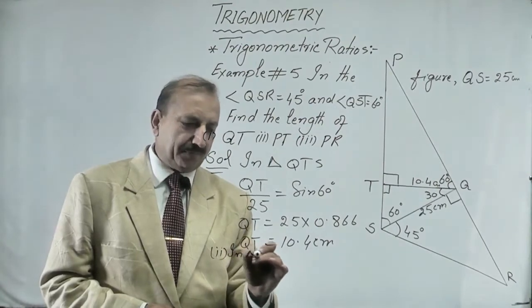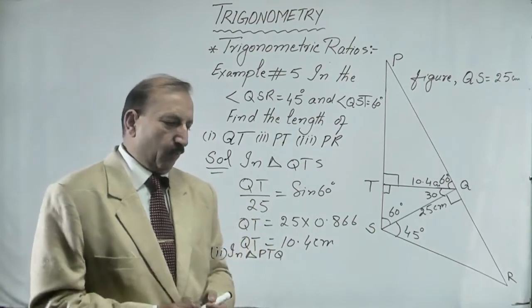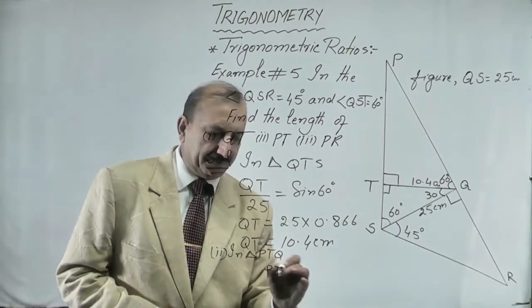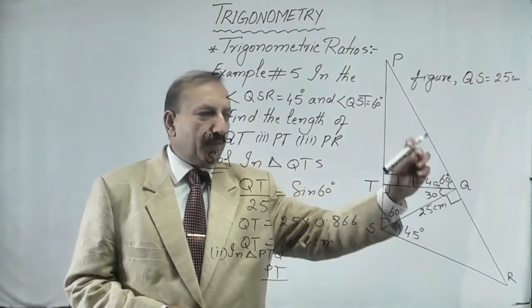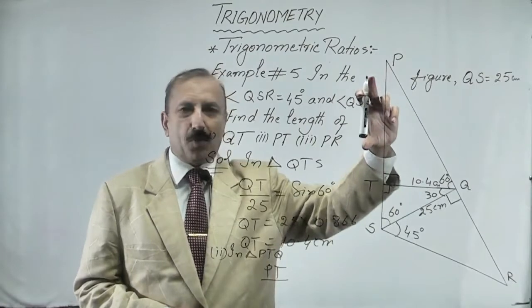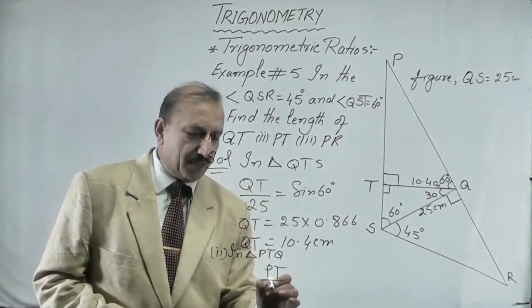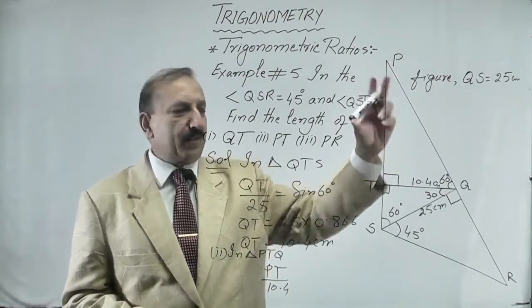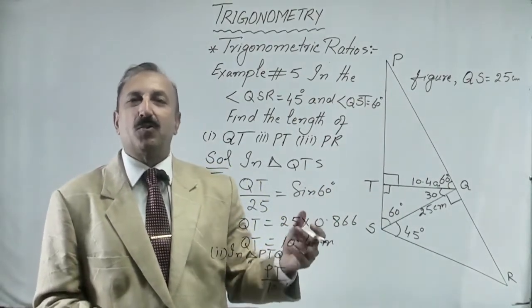In triangle PTQ, we are going to find PT here. This is PT over PT. According to this angle, this is opposite and this is adjacent. We have the given value, this is 10.4. So opposite over adjacent is the relation that gives us the trigonometric ratio tangent.